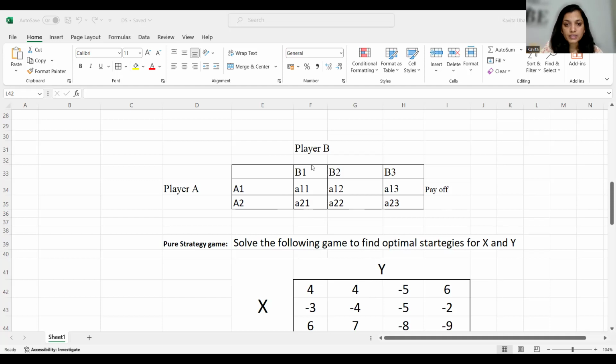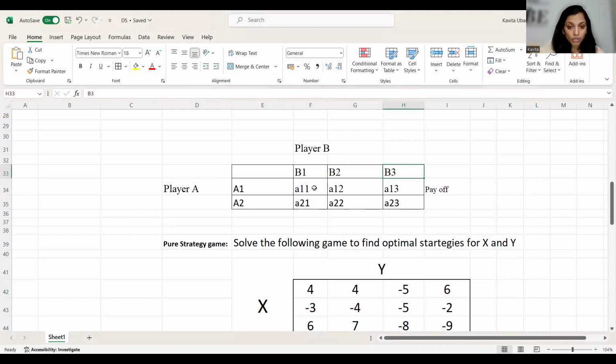Here in the example, there are two players, player A and player B on your screen. Player A will use strategies A1 and A2. These are the two options available with A. And for player B, there are three strategies available, B1, B2, and B3.